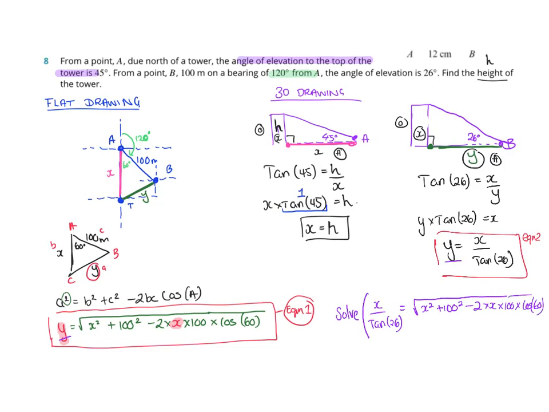Then comma x, sorry, just squashing it in, and we'll find out what x is equal to. We get x to equal, rounding, 42 meters. Because x equals the height, the height of the tower equals 42 meters.